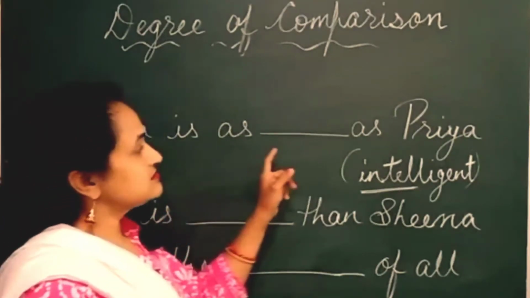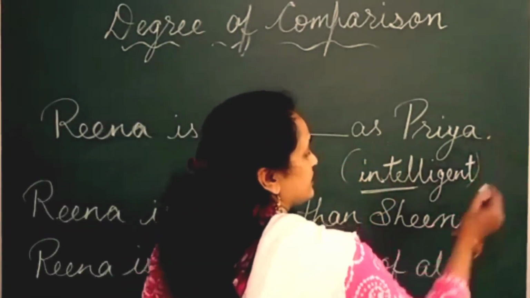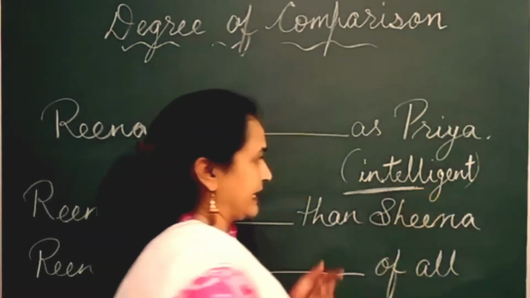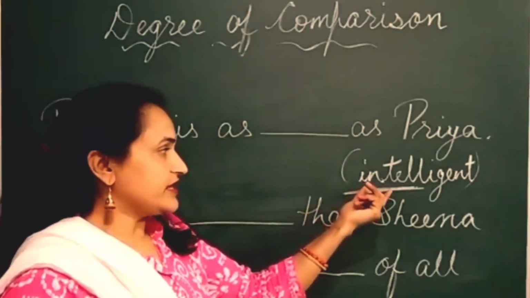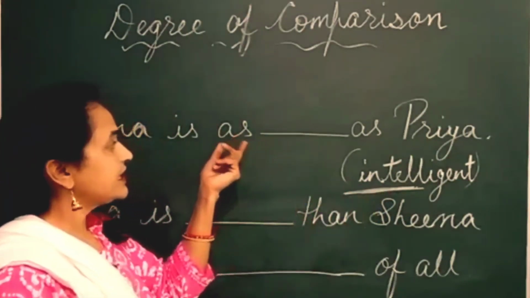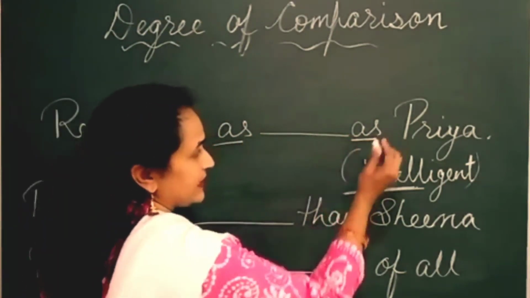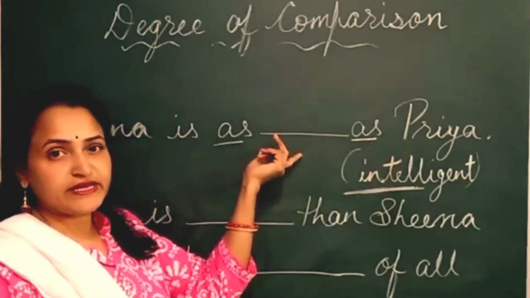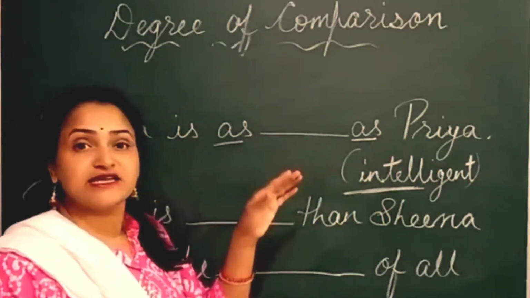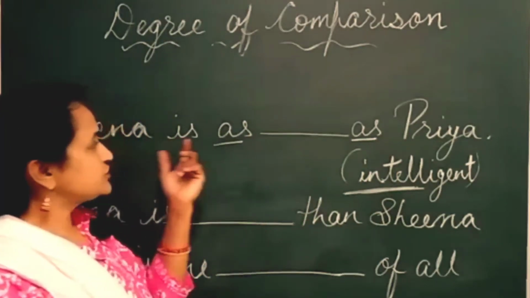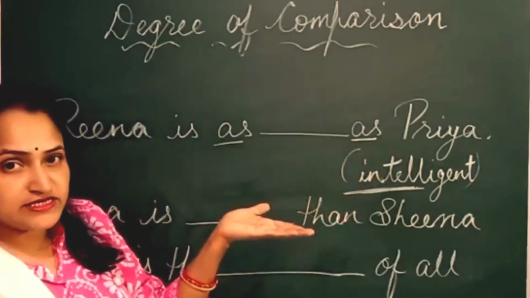Reena is as fill in the blanks as Priya. Now the adjective given is intelligent. Here "as fill in the blanks as" shows the comparison of two things or two nouns that are similar.